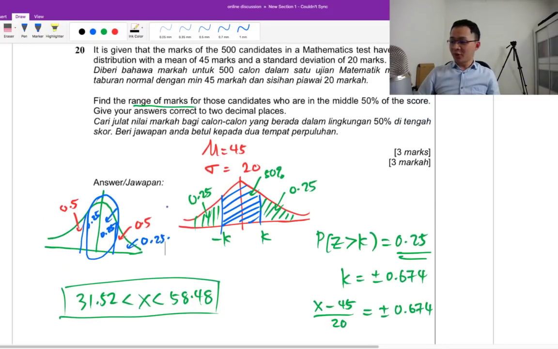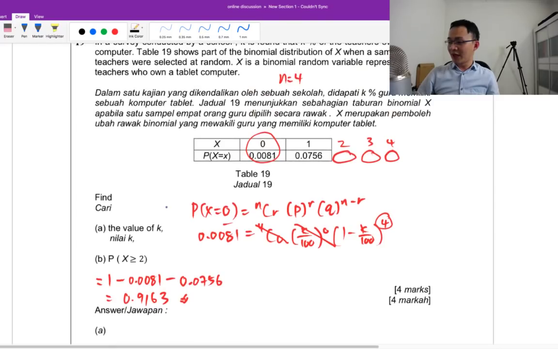And just now I see a question, a student asked me why I choose this one. Actually you can choose the other one also. What I'm doing here is because 0 is easier to count. You can choose the 1 and use this probability, and you will get the same result as me. But it's more difficult, because 4C0 is 1 and the whole P0 is 1, so it's easier to do the calculation.